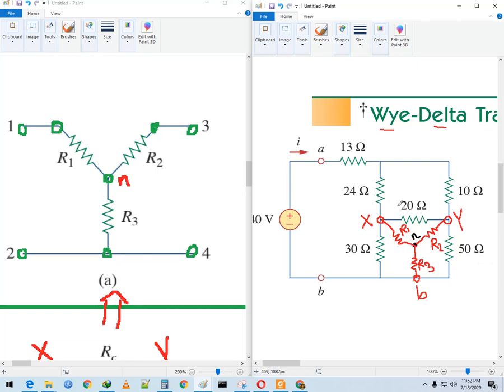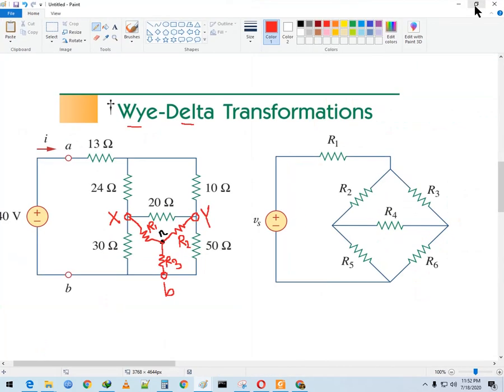If we can successfully do this, we'll learn later on how to do this. If we want to replace this outer delta with this inner Y, then we can disconnect this delta from here. So let us delete all this.